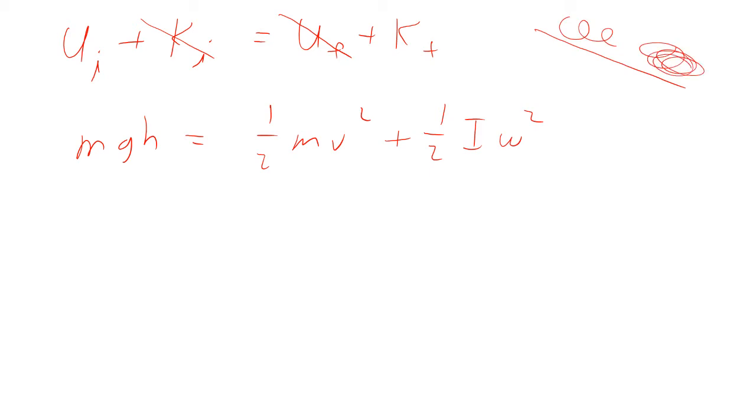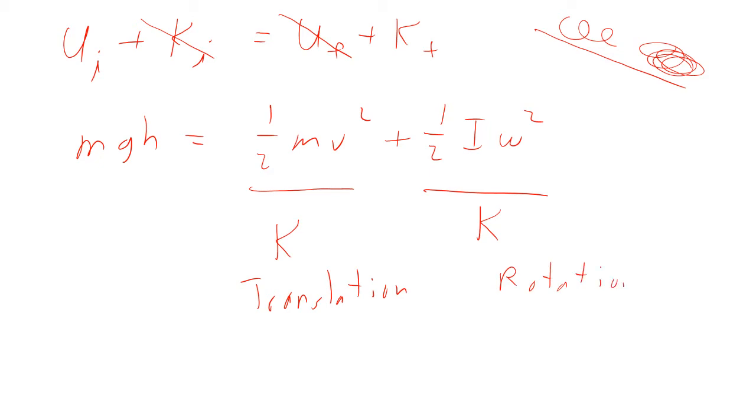That means we have the kinetic energy of translation and we have the kinetic energy of rotation. So it's doing both. We have to include both kinetic energies into the answer here.